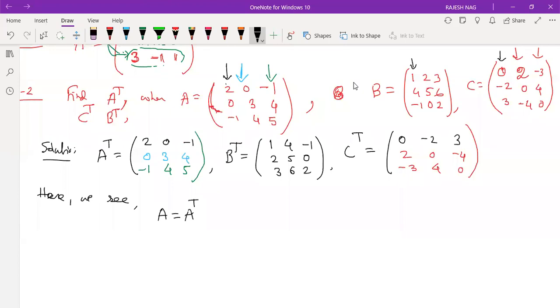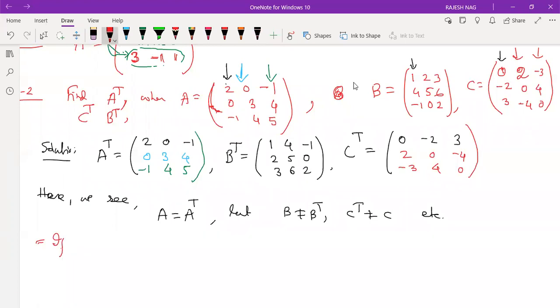Look carefully, but A equal to AT. But B not equal to BT, and CT is not equal to C. Luckily, I am not saying it will always happen, sometimes it can happen. If so, we get a conclusion.